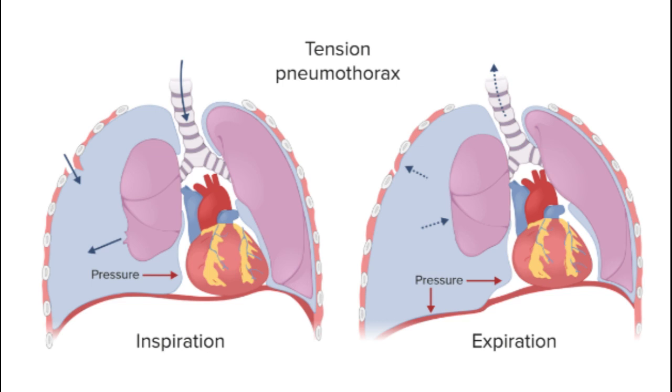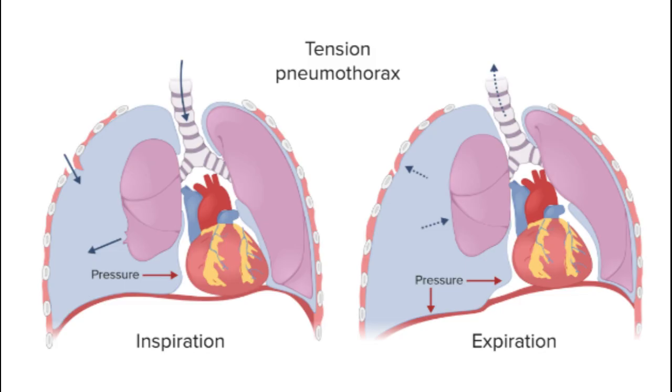Now, it occurs when an injury to the chest allows air to enter the pleural cavity. Remember that pleural cavity, that little space between the lung? Well, air can enter that pleural cavity. That's that little space between where the actual lung is and your outer part, your chest wall. And there's no way for that air to escape.